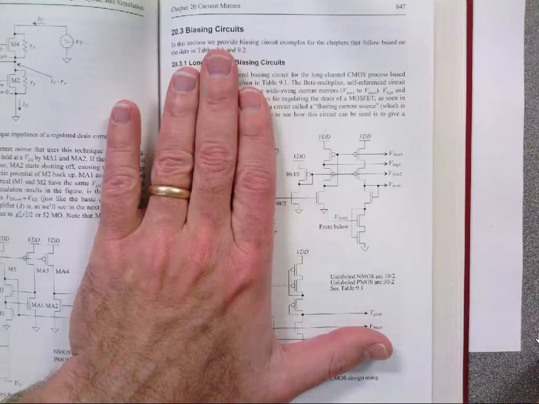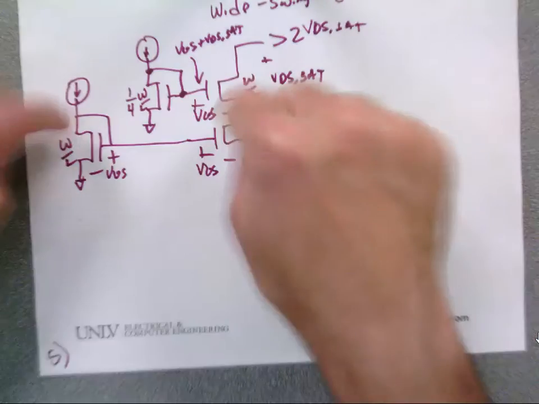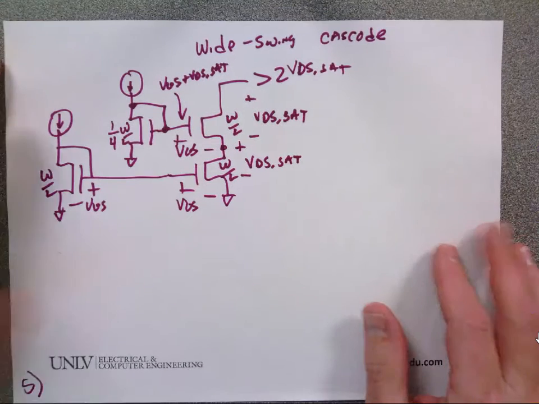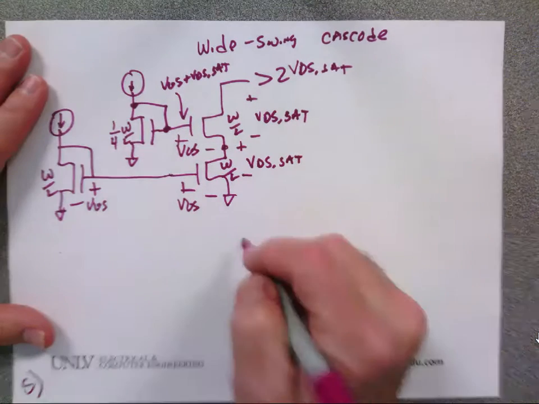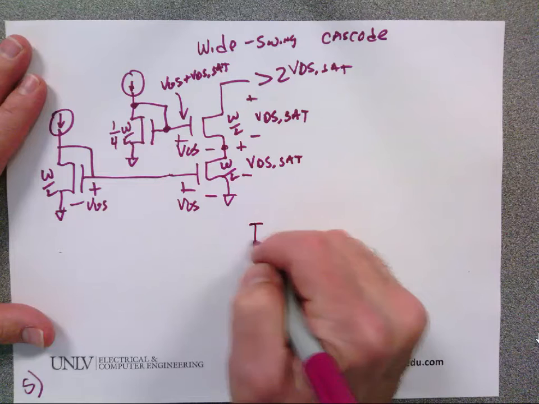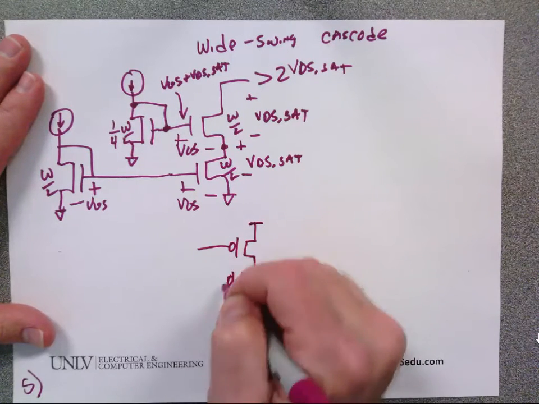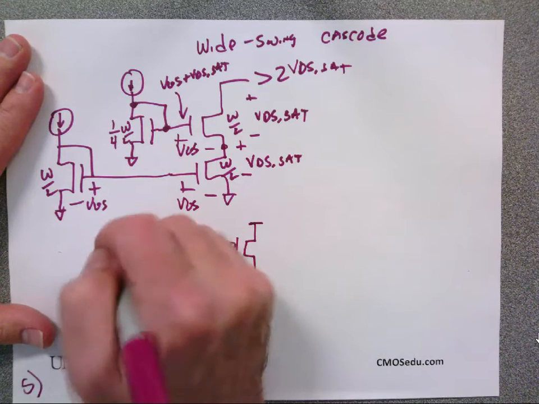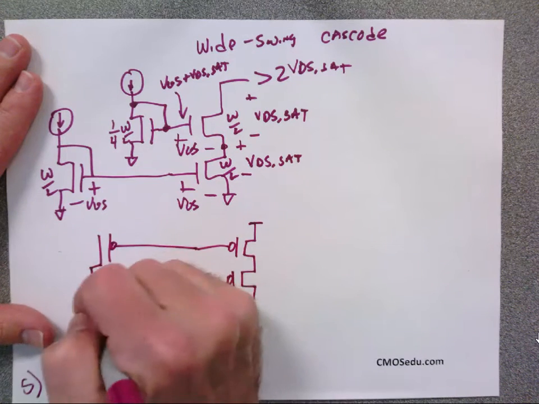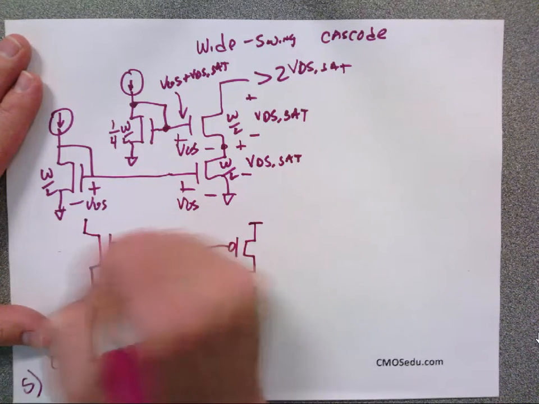So let's pause. Let's draw the equivalent of this schematic for the PMOS so we can go back and look at it. We go, oh, for the PMOS, I have the following. What does this do?